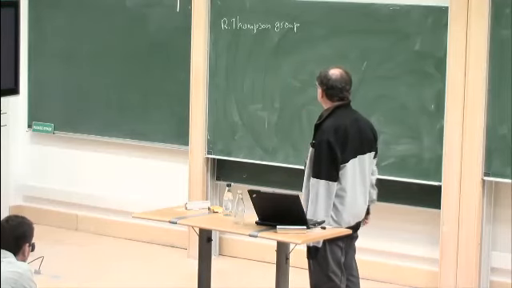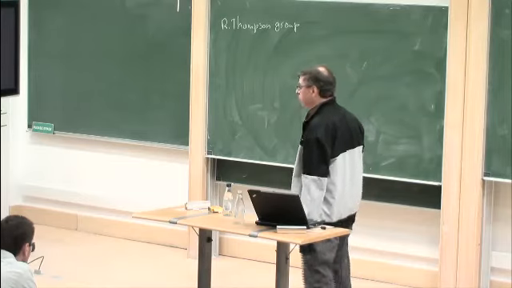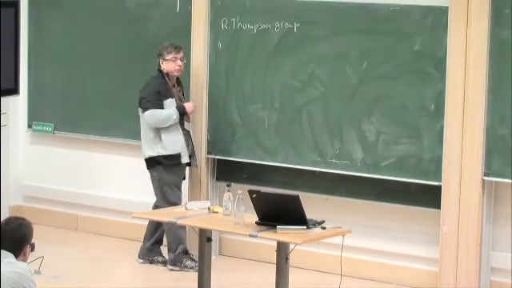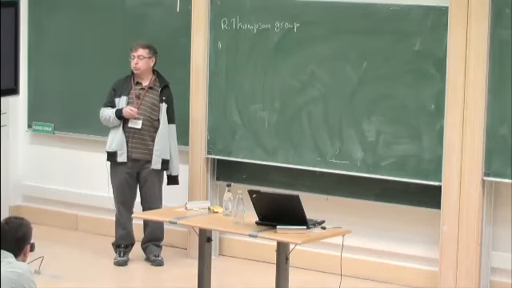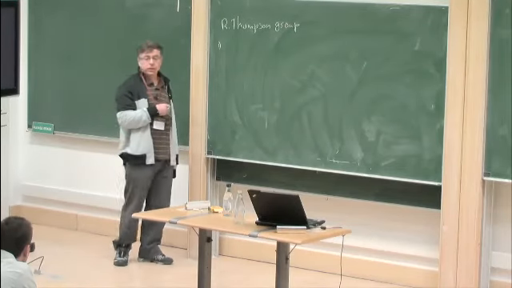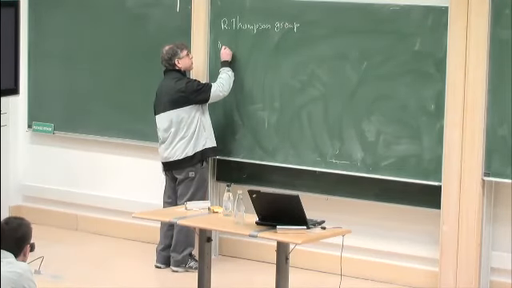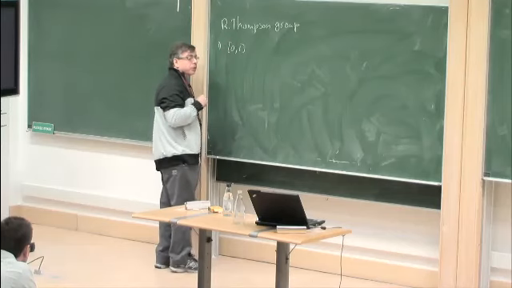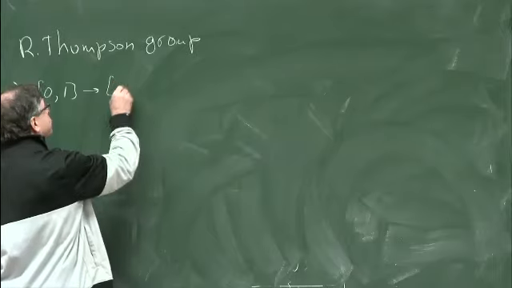There are several definitions of that group. I will give two. The canonical definition is that it consists of all increasing piecewise linear maps from [0,1] to [0,1].